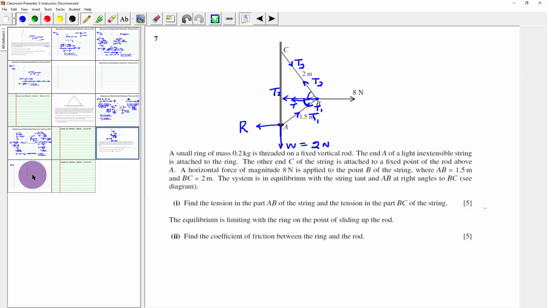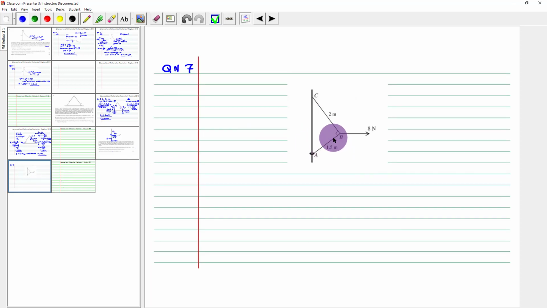So let me look at a much neater diagram to do that. So there is T1 here, and there is that component of T1 in this direction. So you can say this one is T1. If I call this one theta, then this one will be T1 cos theta. There is also T2 there.